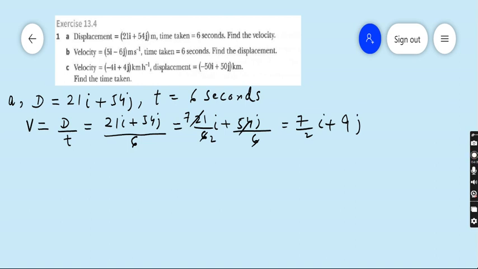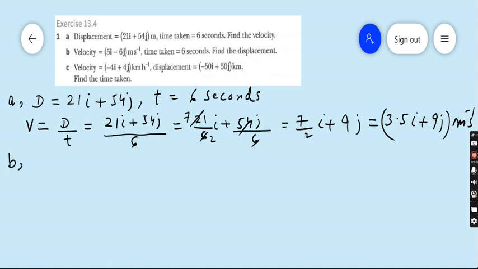Because the displacement is given in meters and the time is given in seconds, our answer would be 7 upon 2, which is 3.5i plus 9j meters per second, or ms^-1. This is the answer of part A.